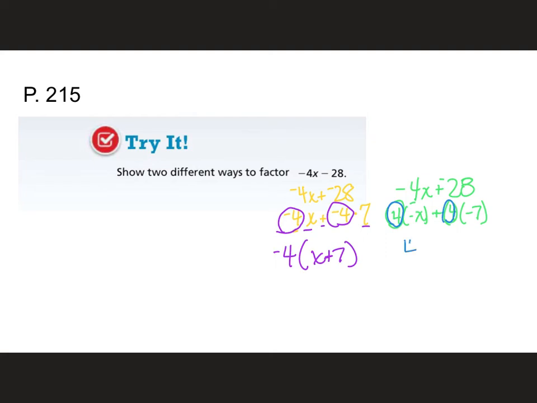So I would have 4 on the outside, and the parentheses would be negative x plus negative 7. Negative x plus negative 7 is really negative x minus 7. So these are the two possible ways. So notice that in this way, the negative is with the 4 and everything in the parentheses ends up being positive. But here, the 4 is positive, so everything in the parentheses ends up being negative. So you're going to see that it ends up flip-flopping depending on the way that you decide to factor it.